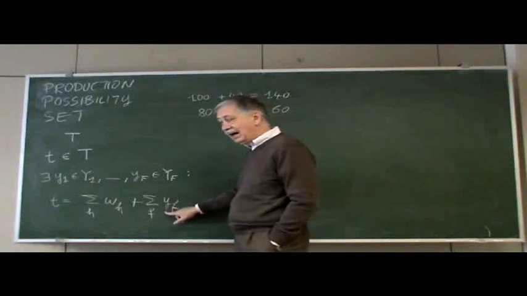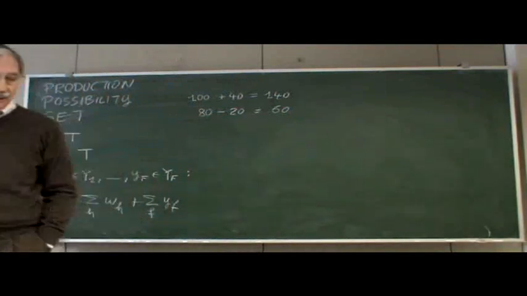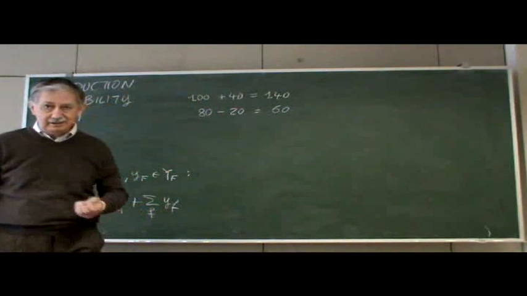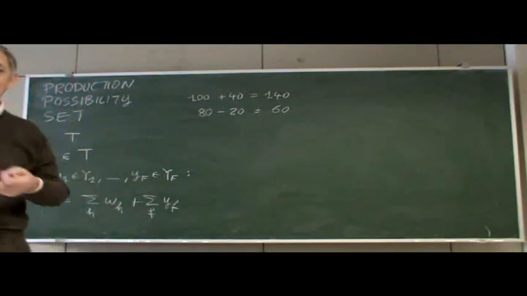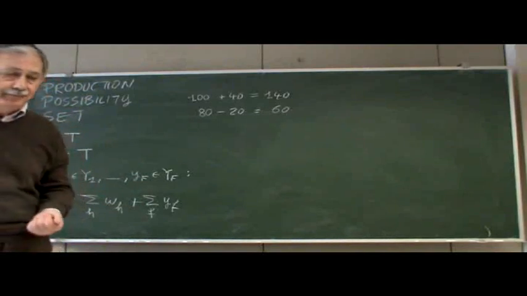Given the different signs of the components of YF, you observe that this sum of vectors always represents the total available quantities of goods after production.